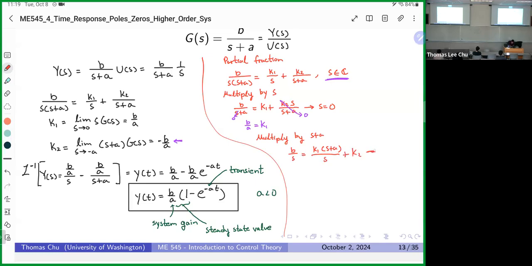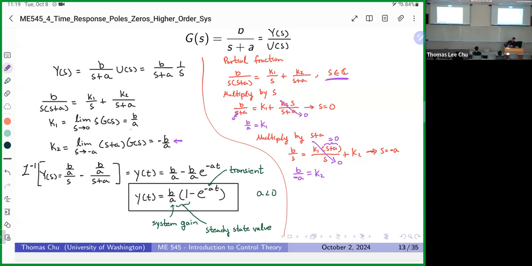Then when S is equal to minus A, this term becomes 0, so this whole thing is 0. But then this becomes B over minus A is equal to K2. It's valid because S can be anything. And that's how you do that.